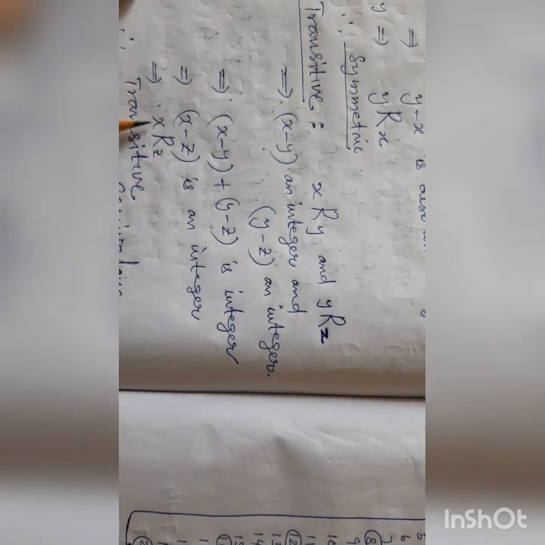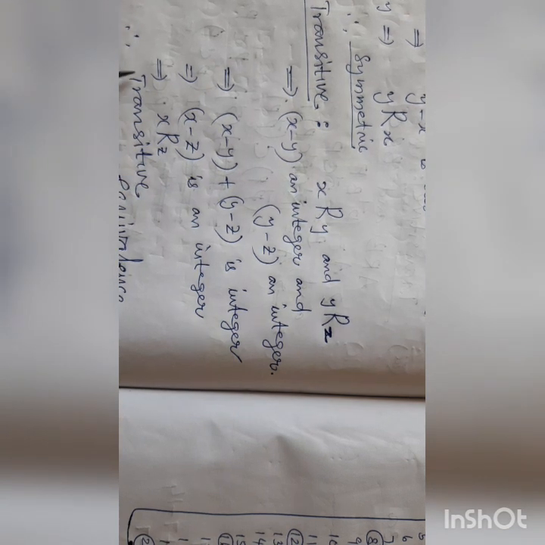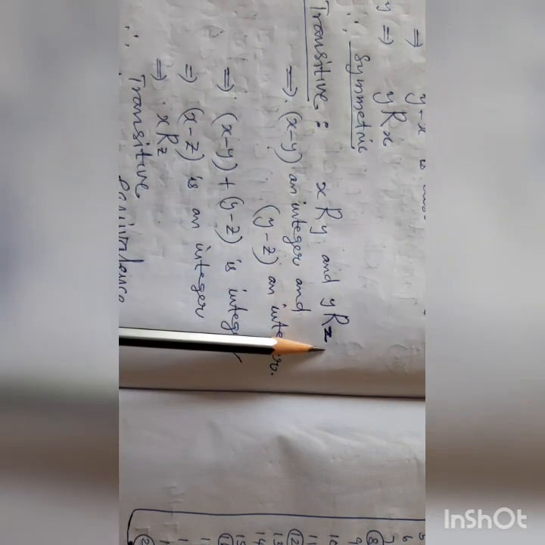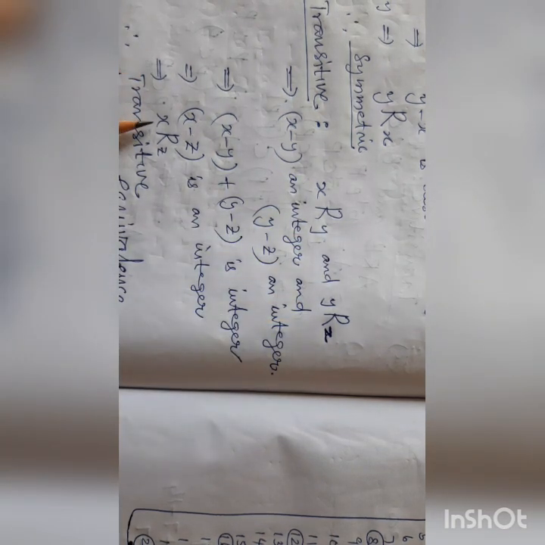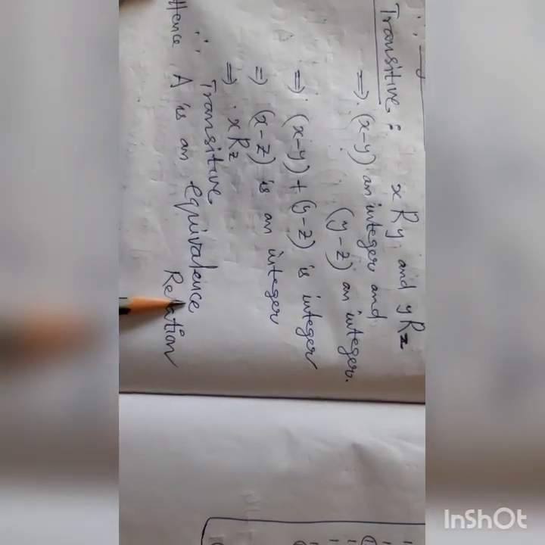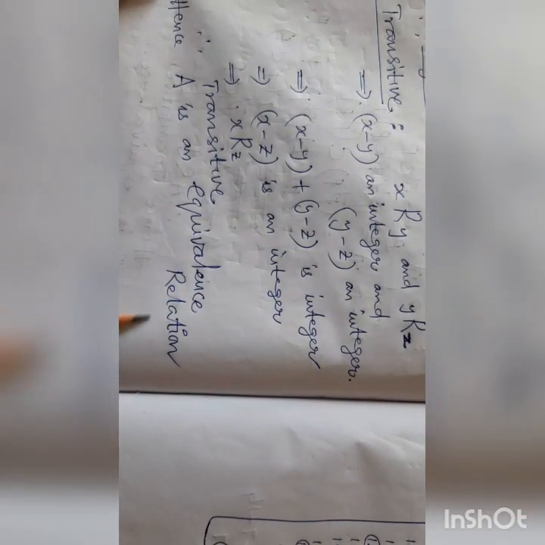This implies x related to z, so it is transitive. We have taken x related to y and y related to z, and then we got x related to z. Therefore, the relation is transitive. Hence, A is an equivalence relation.